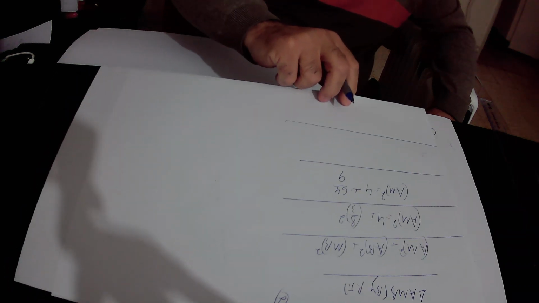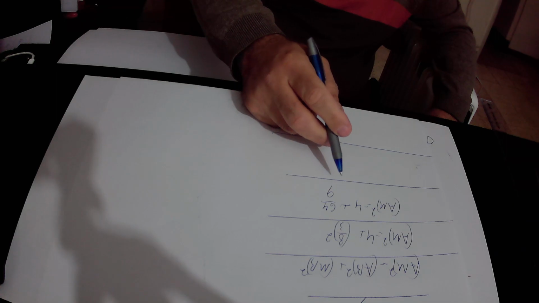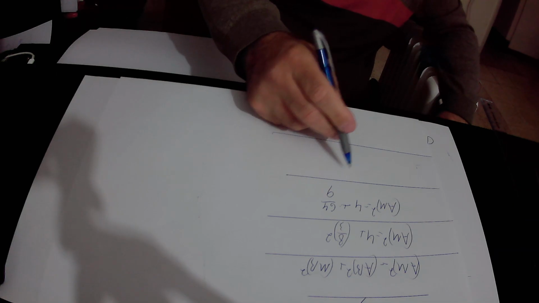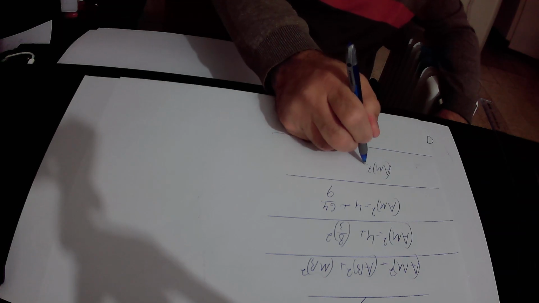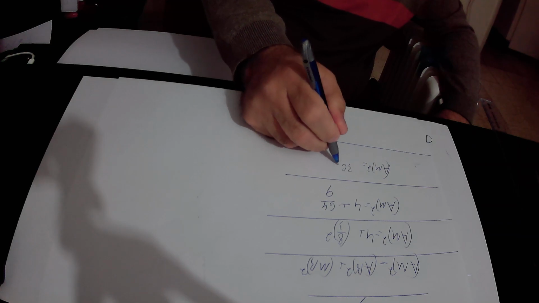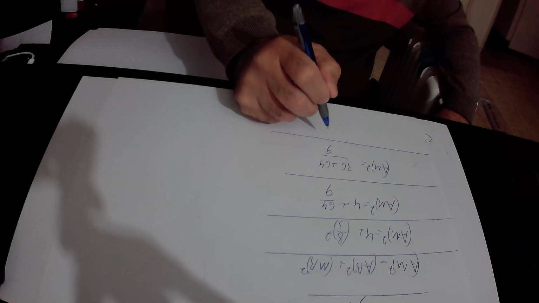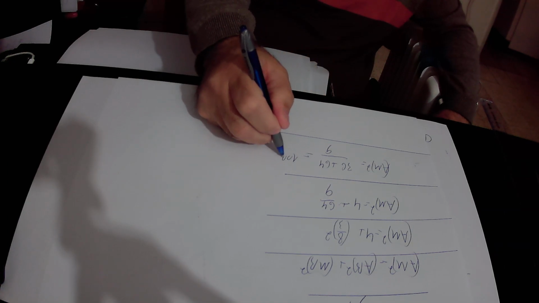In the next step, we will multiply 4 by 9 and then we divide it by 9 in order to have common factor with 64 over 9. So AM squared equals to 4 times 9 is 36 plus 64 over 9. 36 plus 64, it is 100 over 9.